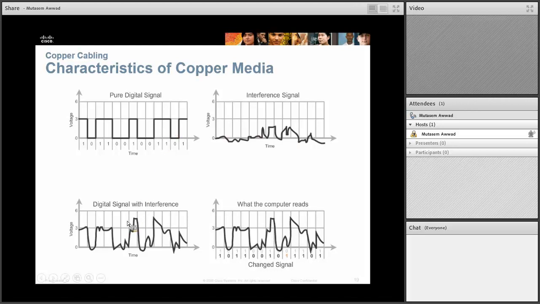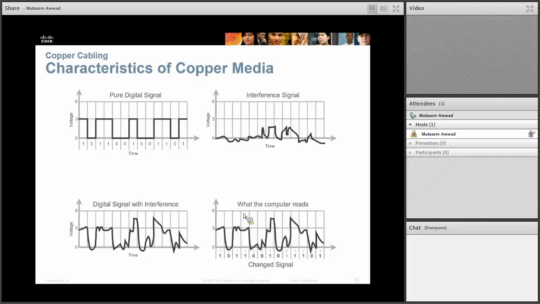So here's the digital signal with interference traveling on the wire. And on the other end, this is what you're going to see. So the computer is going to have a hard time interpreting ones and zeros, right? So you want to reduce the interference signals as much as you can, or filter that signal out so you get a nice clean signal on the other end.